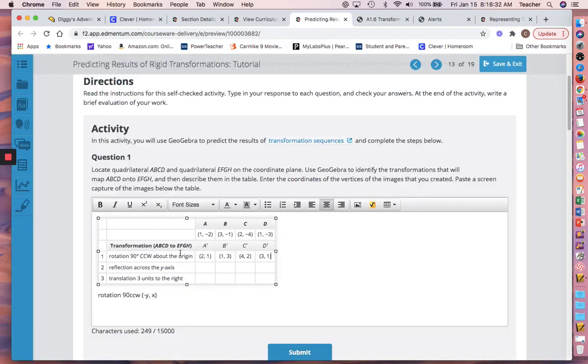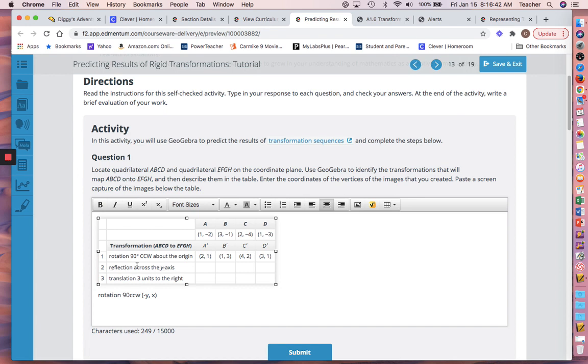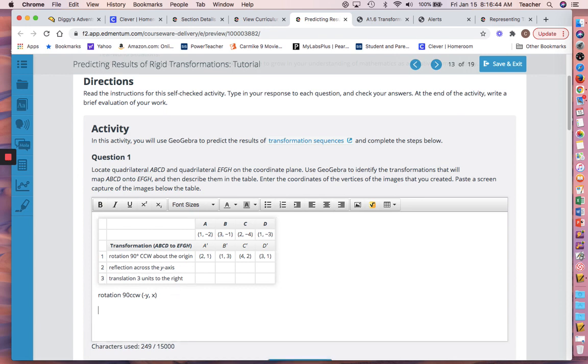All right, now we've got to take this figure, not the original, this figure, you visual people, the one we manipulated, and we are going to reflect it across the y-axis. Well, the cheat code for a reflection across the y-axis is you change the x value.